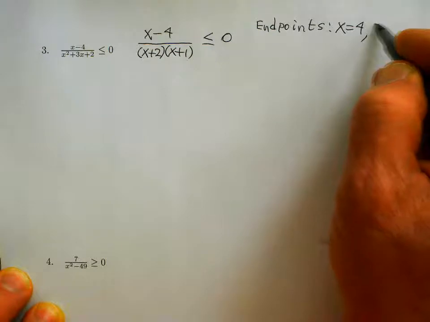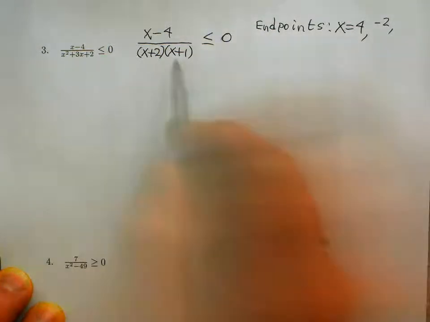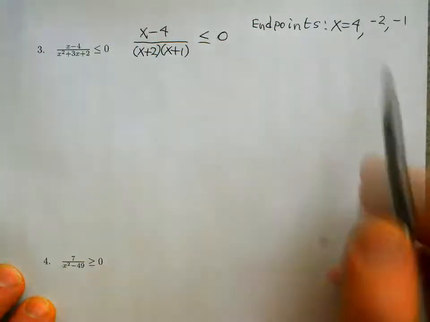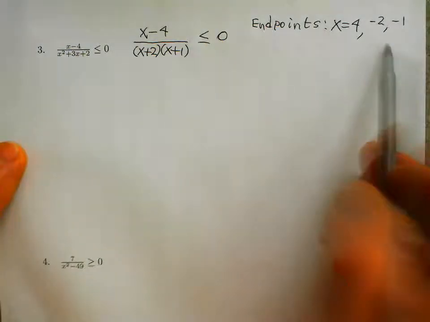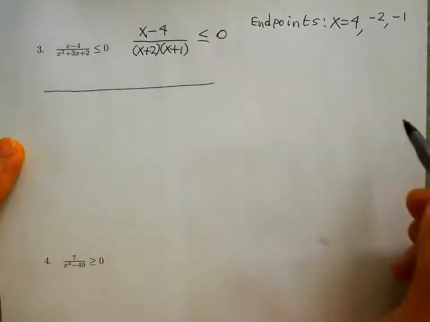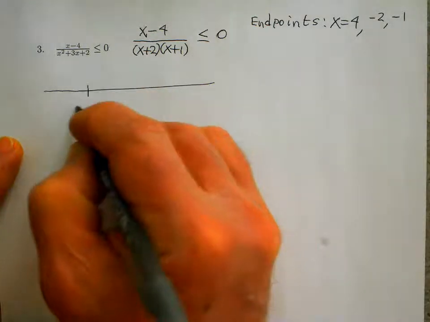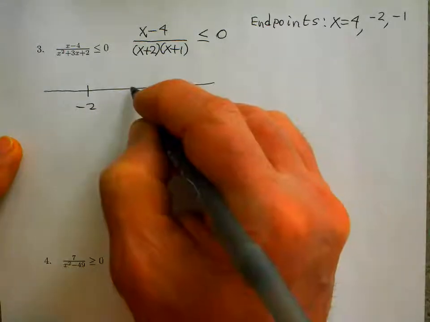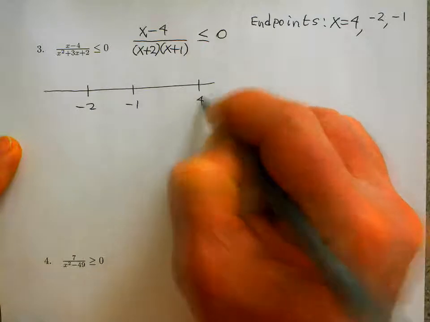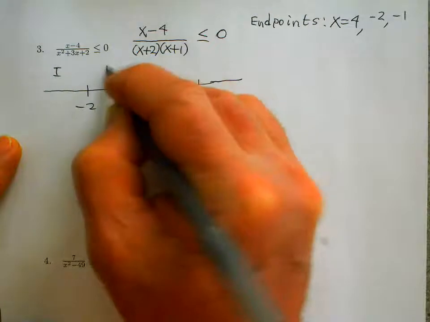I'll just write x equals 4, negative 2, and then negative 1 makes the other one 0. Okay, so we use those numbers to divide the number line into 4 separate intervals. Negative 2 is to the left of negative 1, which is to the left of 4. So this time we have 4 intervals to test.